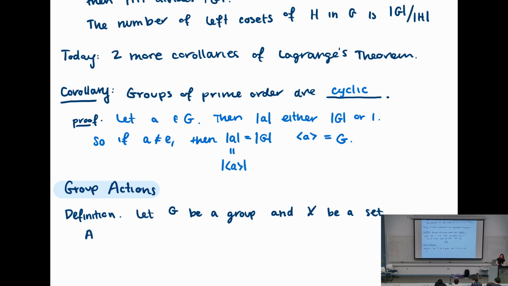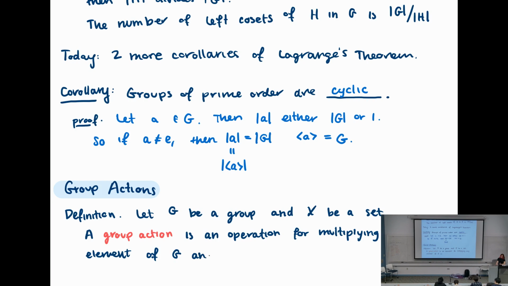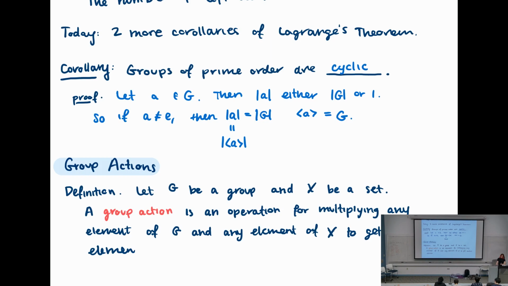Then a group action is an operation for multiplying any element of G and any element of X to get another element of X. And it is going to have to satisfy some properties.